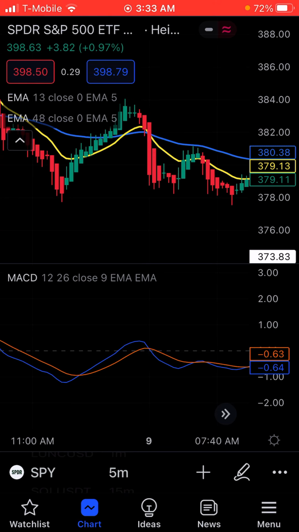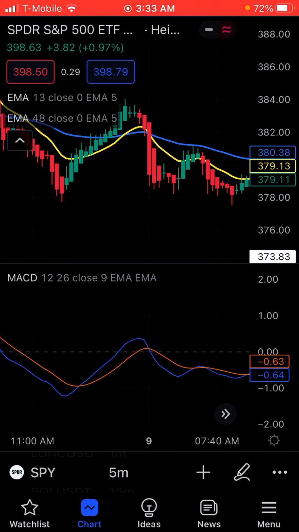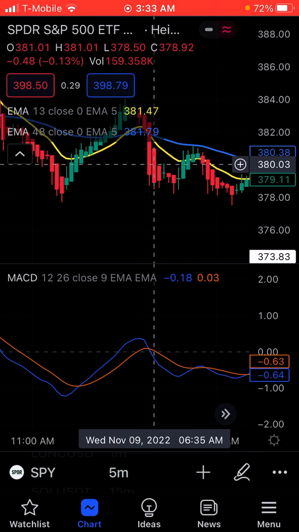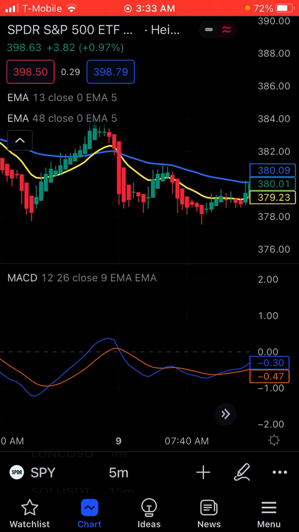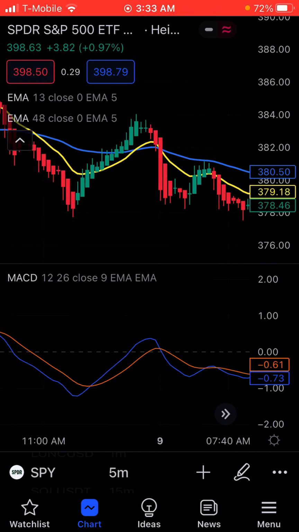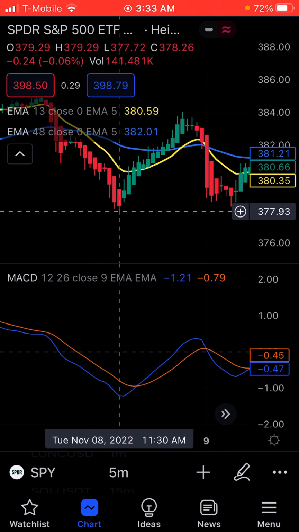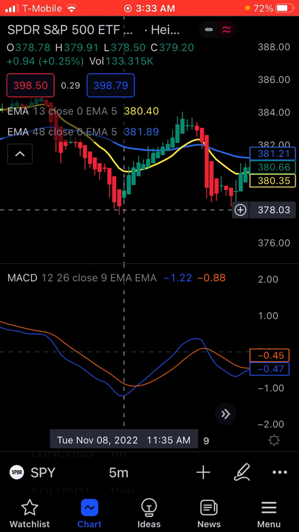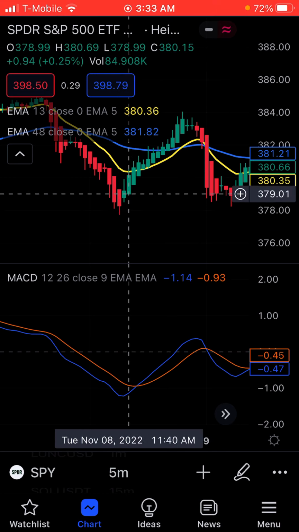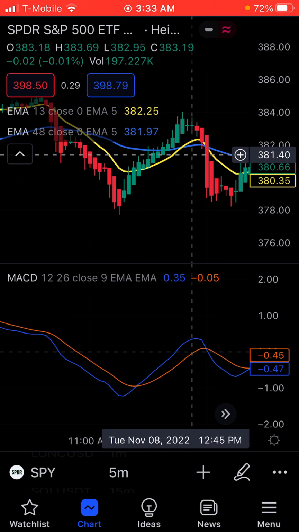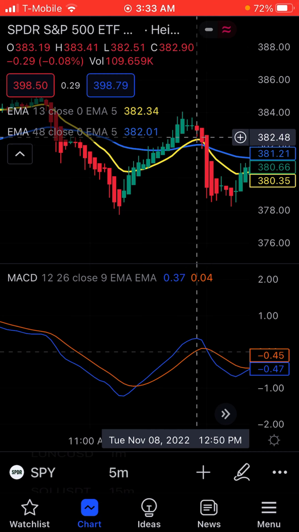So if you're crossing down, the MACD has to be crossing down, and it needs to cross down pretty early, right before the 1348 does as well, but pretty close after. So if we look right here, we see the MACD is crossing up, and it signals it here, but the 1348 doesn't really cross until later here.